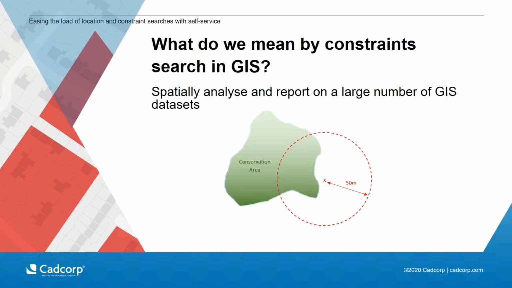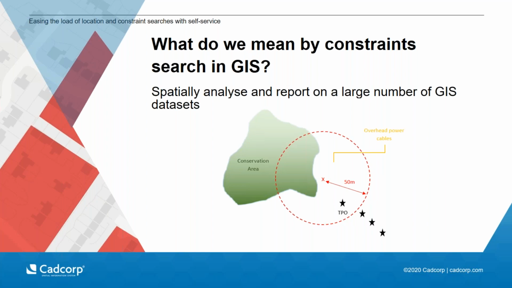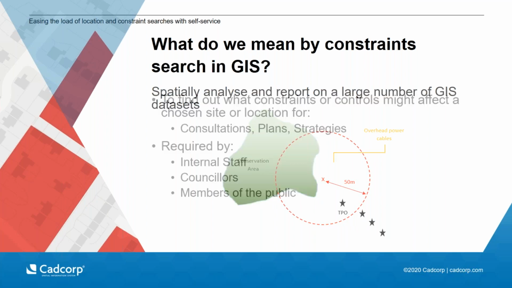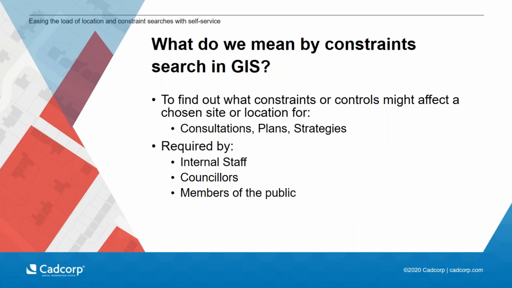In this example, is there a conservation area close by? Are there TPOs? Are there overhead power cables, for example? We want to find out what constraints or controls might affect a chosen site or location.